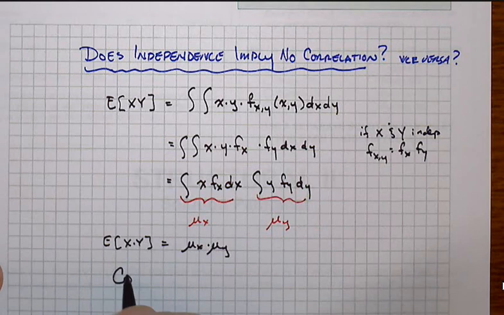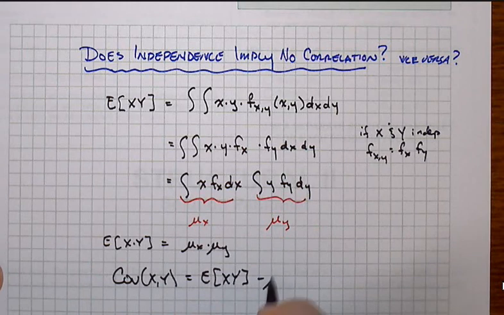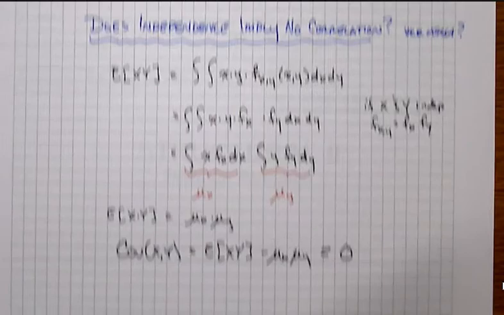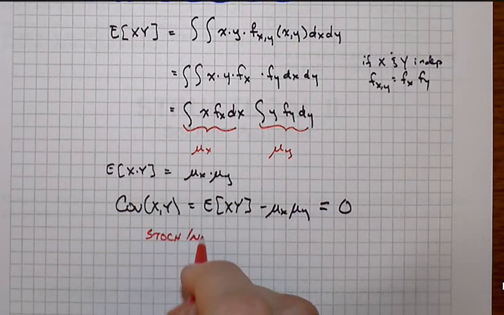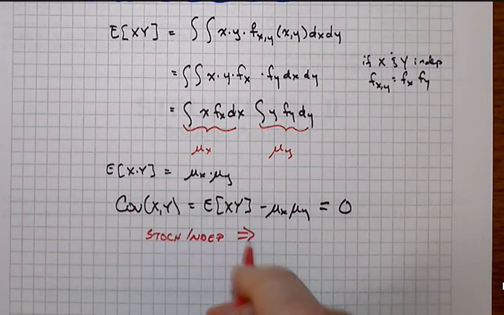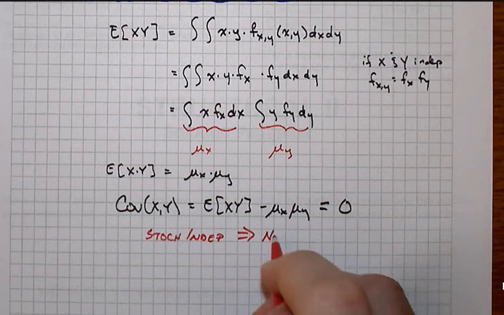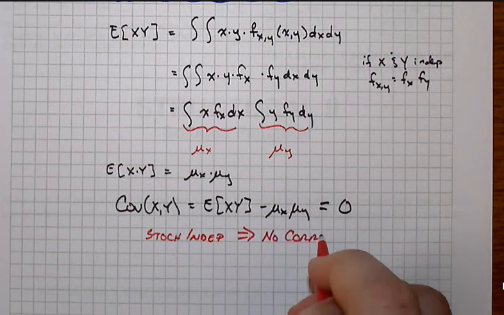Remember, the covariance between X and Y equals the expected value of X times Y minus the mean of X times the mean of Y, and in this case, with independence, that's equal to 0. So one crucial result is that, yes, stochastic independence does mean no correlation, no linear correlation.